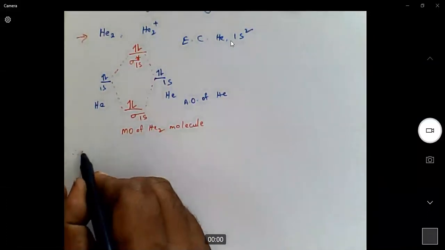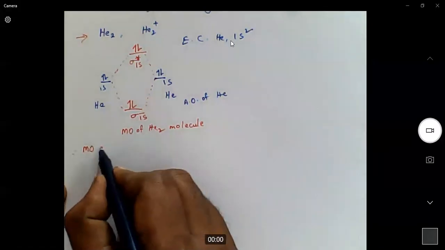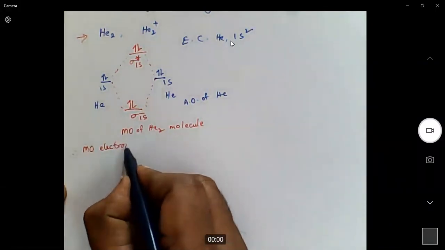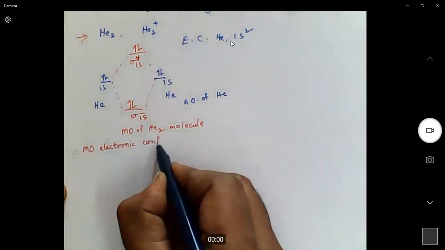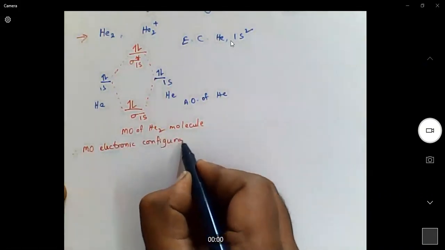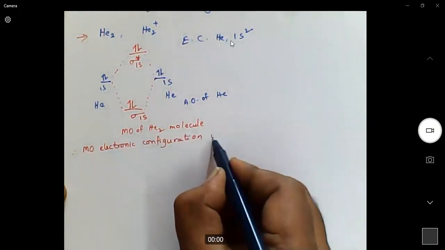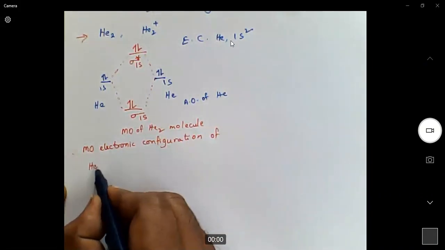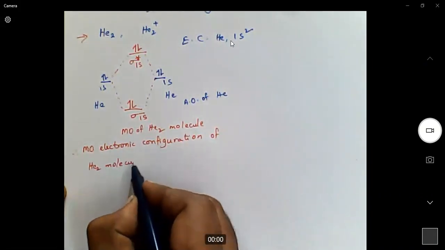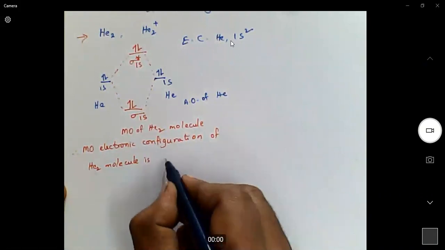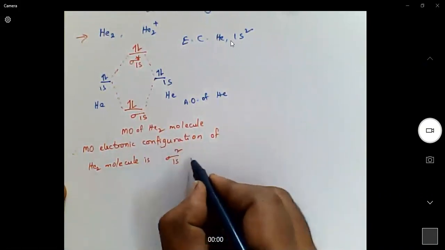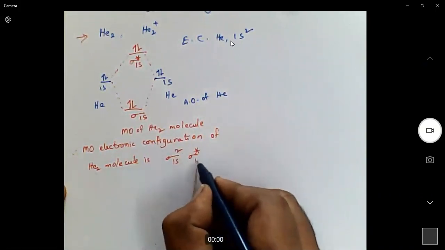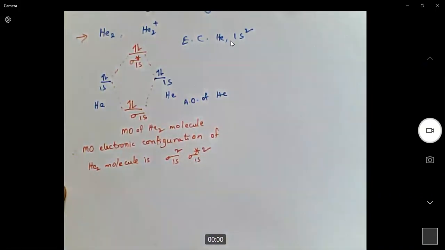Therefore, the molecular orbital electronic configuration of helium molecule is sigma 1s 2 electrons, sigma star 1s 2 electrons.